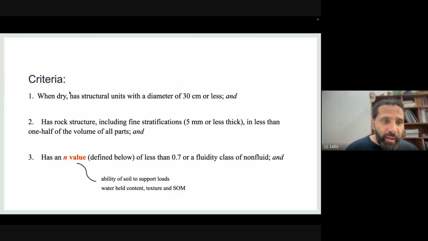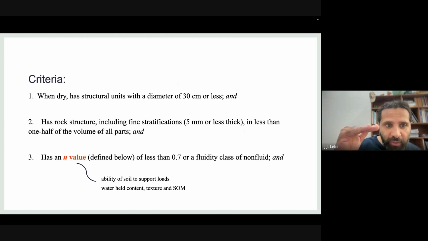Next step. It has rock structure, including fine stratifications that are 5 millimeters or even less than that, but this rock structure is less than 1/2 of the volume of all parts. So if I have more than one A horizon, so A1, A2, A3, for all of these parts I need to register that I have less than 1/2 of the volume with rock structure, okay, in each of them.